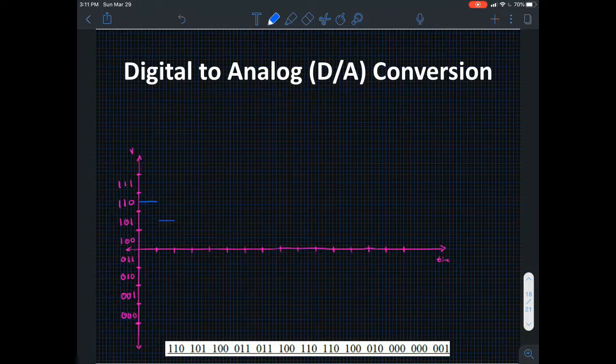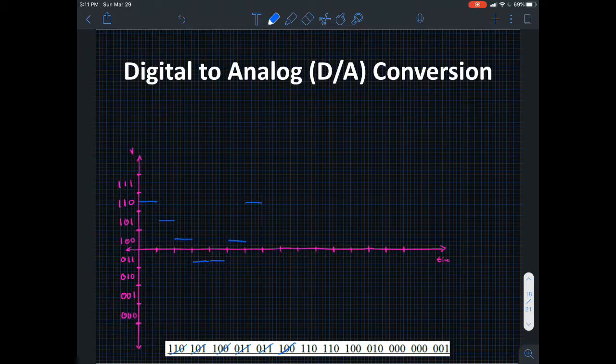And then 1, 0, 0, and then 0, 1, 1, 0, 1, 1. Start marking these off so I can keep track of where I am. And then 1, 0, 0. And then that goes all the way up to 1, 1, 0.